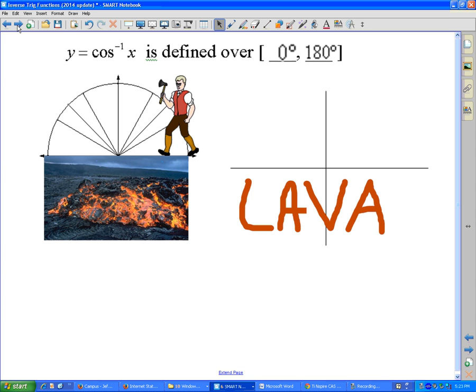For example, our little woodcutter dude here is like, hey, how you doing? I'm going to try to get to a quadrant where inverse cosine is going to give me some angles that are coming from negative ratios, and okay, I'm over here, but no, that's not good enough for me. I want to keep cruising down into quadrant 3, and I don't care if there's lava down there.